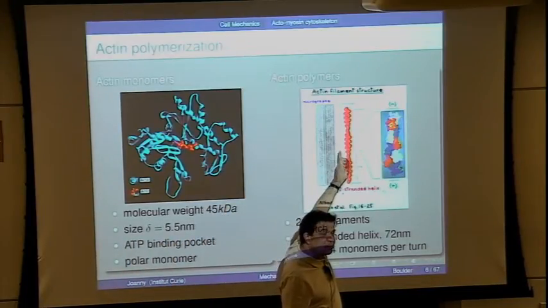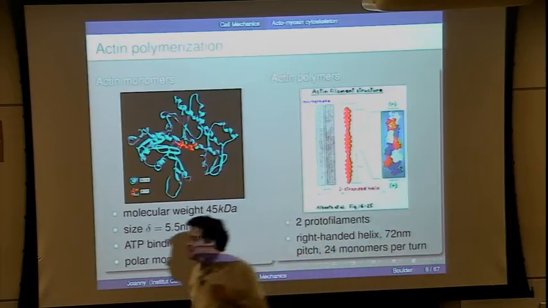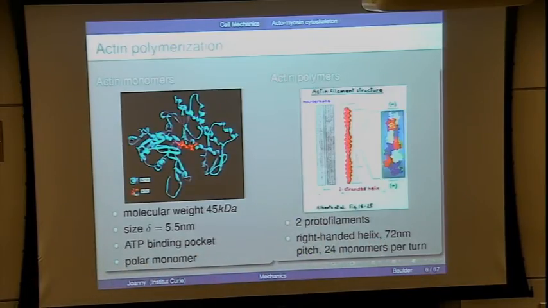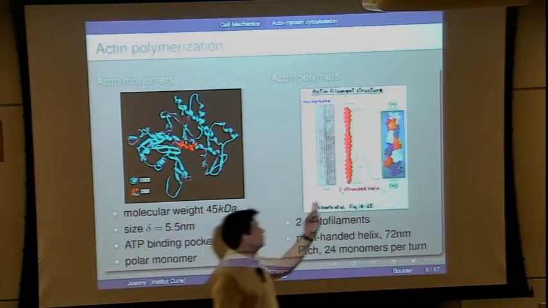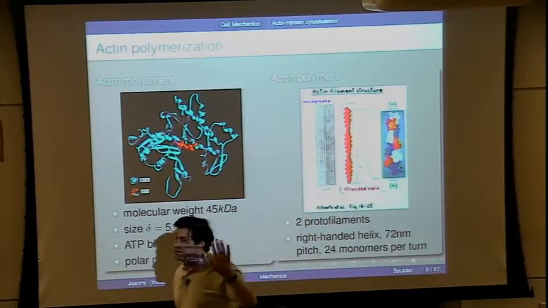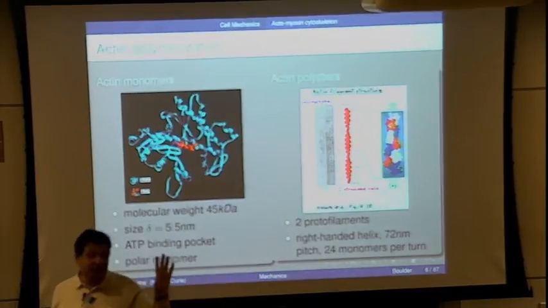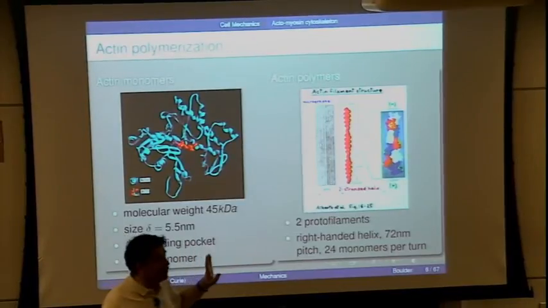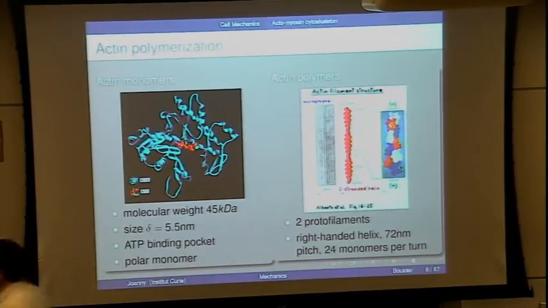So that's the first property that I want to keep, that actin is a polar filament. It's chiral also, because I have these two protofilaments that turn around one another. It seems that most of the properties of cells don't care so much about the chirality. So in all of the following, I will ignore the chirality of actin.